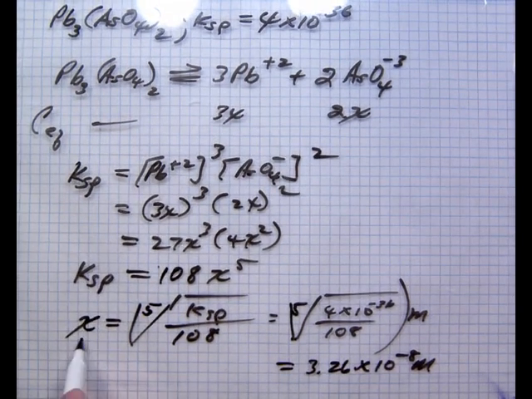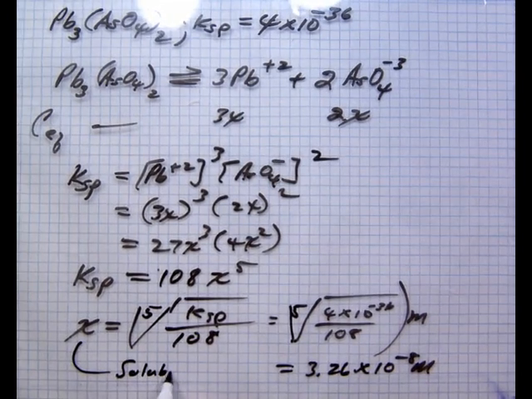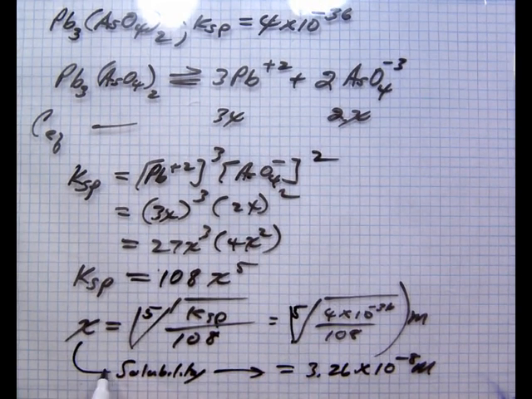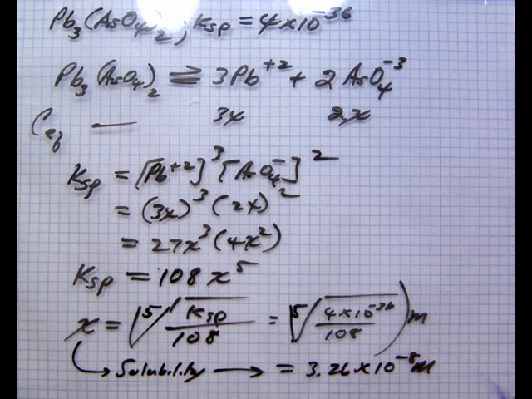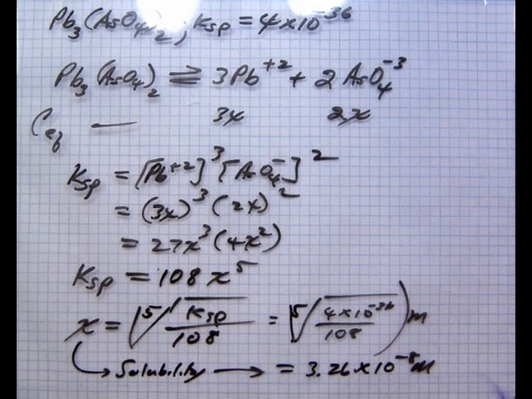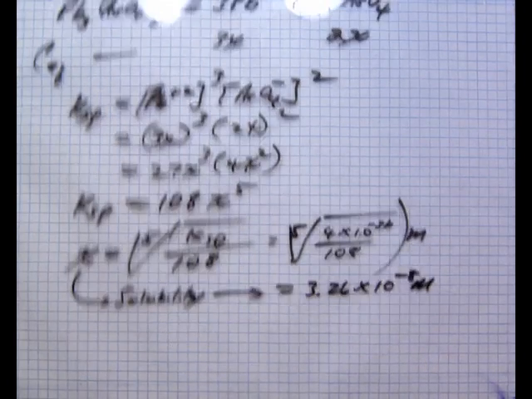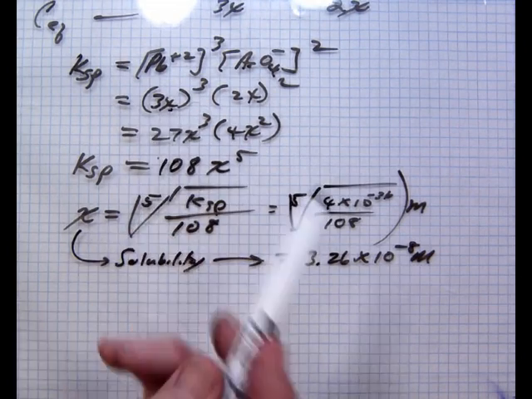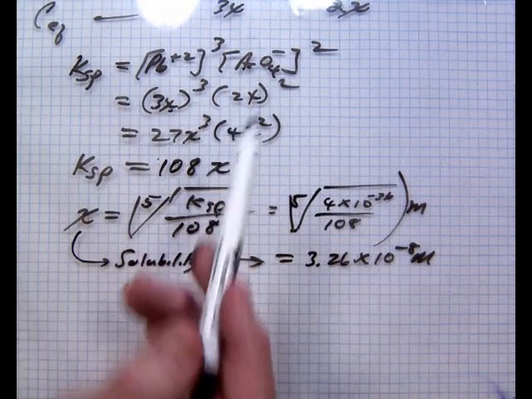So the solubility of the lead arsenate is this number. That's how much of the compound broke down and went into solution. But it is not the lead concentration, and it is not the arsenate concentration. As you recall, the lead concentration is 3x, 3 times that, and the arsenate is 2 times that.